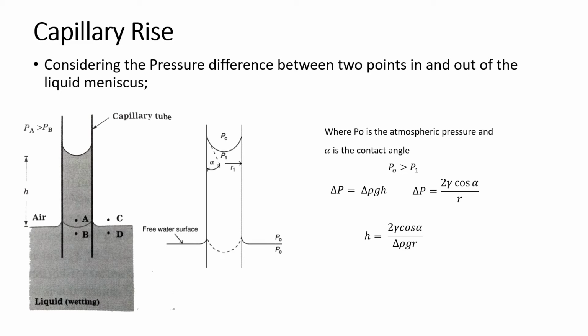The rho represents the density, g represents the gravitational acceleration, and r would be the radius of the capillary tube.